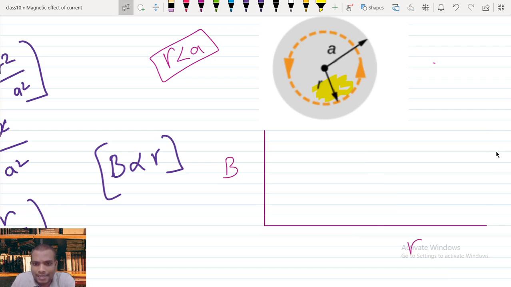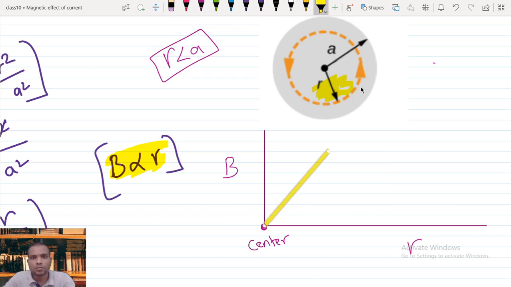This is at the center, point O. From the center till the edge, B is directly proportional to r. The magnetic field at the center of the conducting wire is equal to 0. From the center till the edge, it is increasing proportionally.